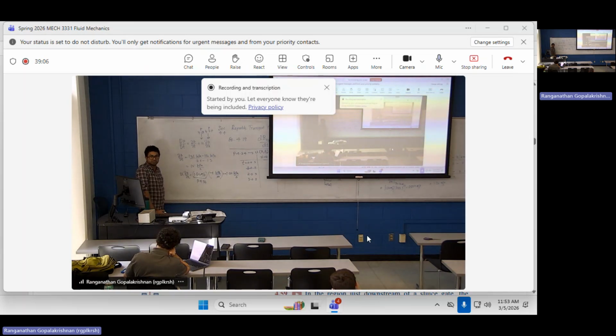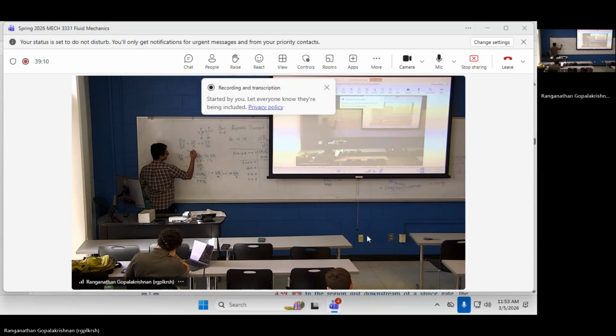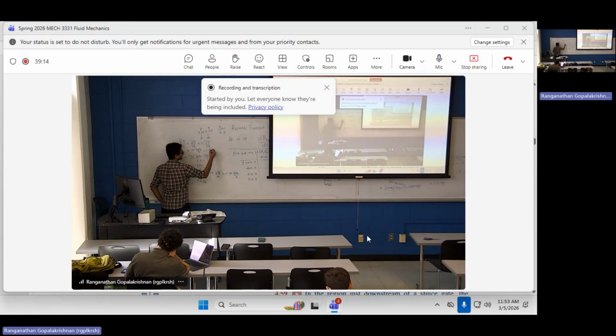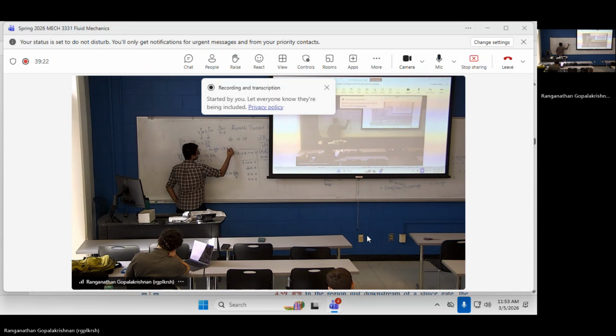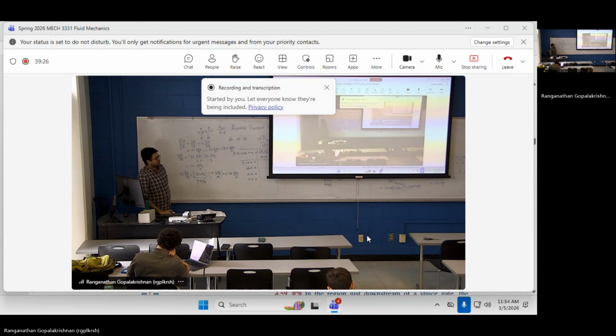Good catch. So the total will be 15 kilopascal per second minus 1.80 kilopascal per second, which gives us 13.2 kilopascal per second. Make sense?